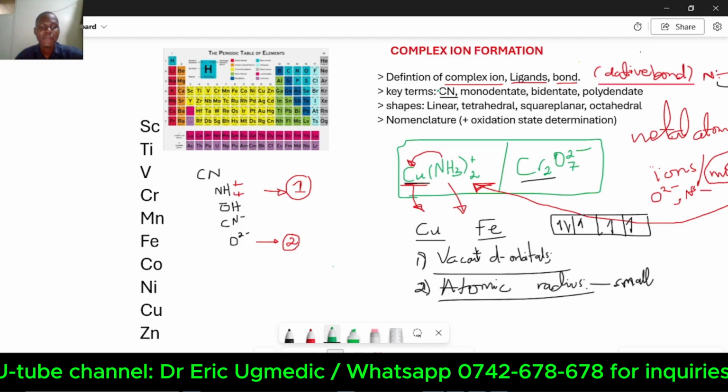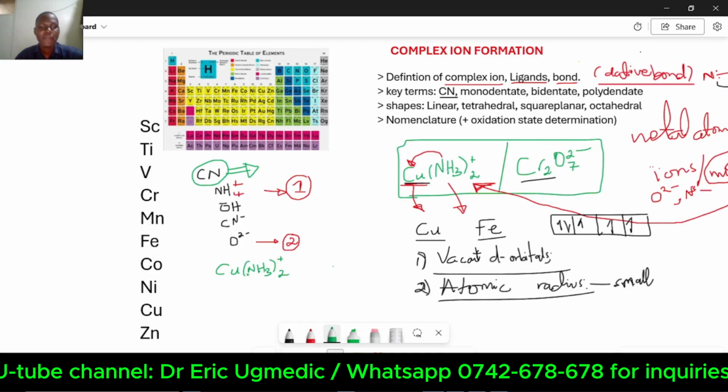So from this I can build on and say that coordination number is actually different from the number of ligands, because this is something we normally confuse. An example: if we have these diamine copper 2 ions, something of that nature.